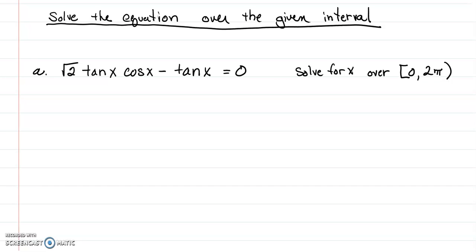So the first thing I look at is, do I have a common factor? Well, let me back up. The first thing I'm thinking about is, is this equation set equal to 0? And it is. Then I'm looking for a common factor. I can see I have this common factor of tangent x. So I'm going to factor it out.